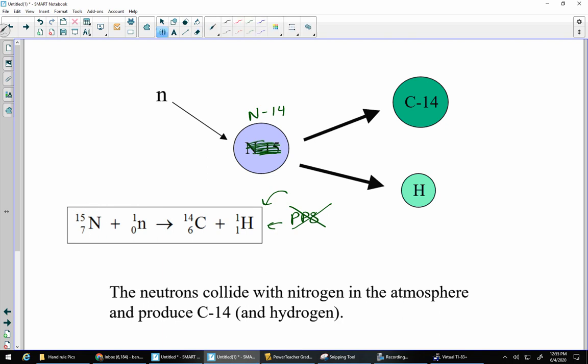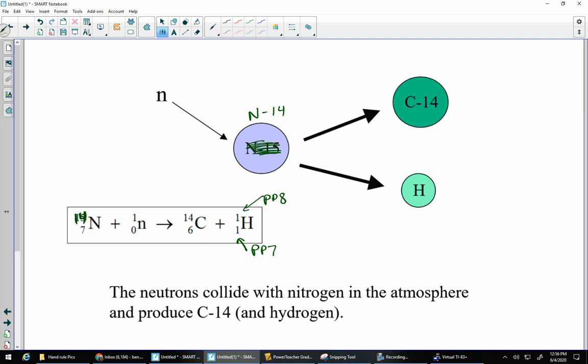And I'll tell you what it is right now. This is actually nitrogen-14. So my bad, but good on you if you figured that one out. Now physics principle 8 for our top numbers, our mass numbers, makes a lot more sense. And physics principle 7, conservation of charge, for our bottom numbers, our nuclear charge. Well, it made sense before.